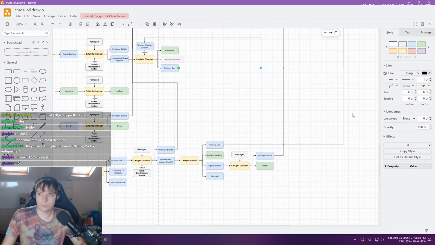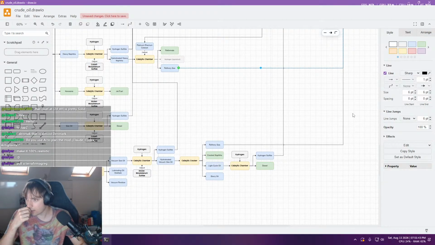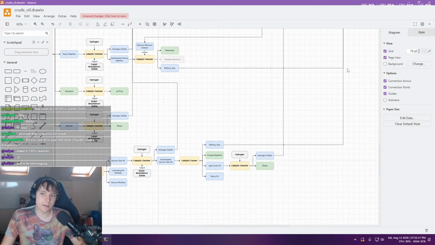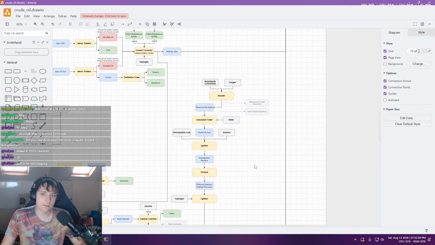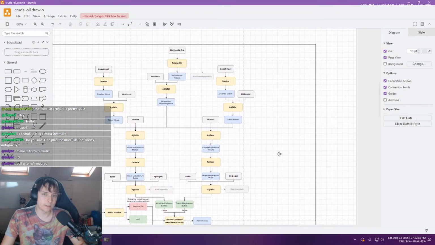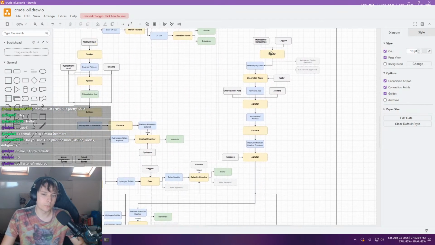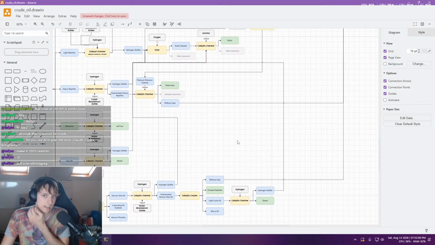Do you use AI to plan the mod, Claude, Codex, Anti-Gravity? I use it. I avoid using it as much as possible, though. It is primarily used for collating research. That would be the primary use case, I would say.